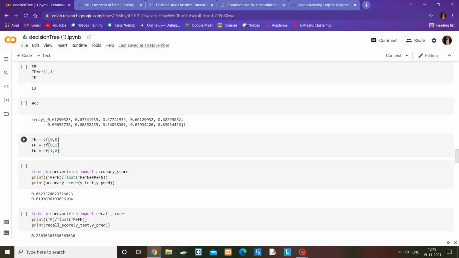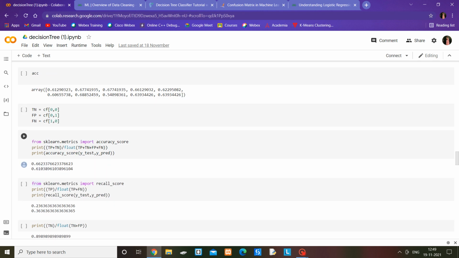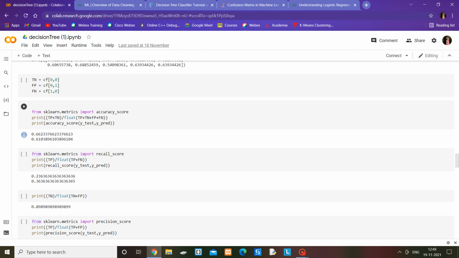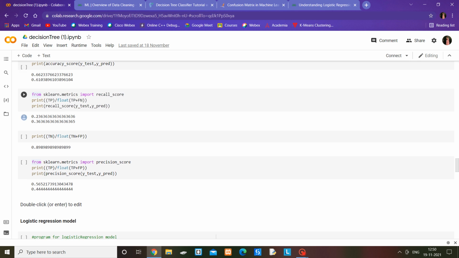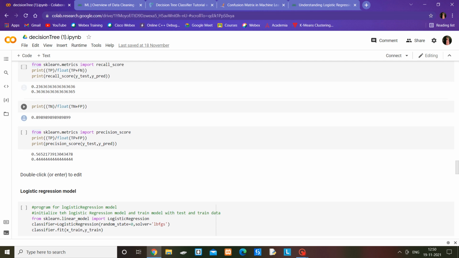So we will initialize the variables TN, FP and FN. From sklearn.metrics we import accuracy_score, and using the float value we can print it here. From sklearn.metrics we also import recall_score. It will print the float value and the recall score also.